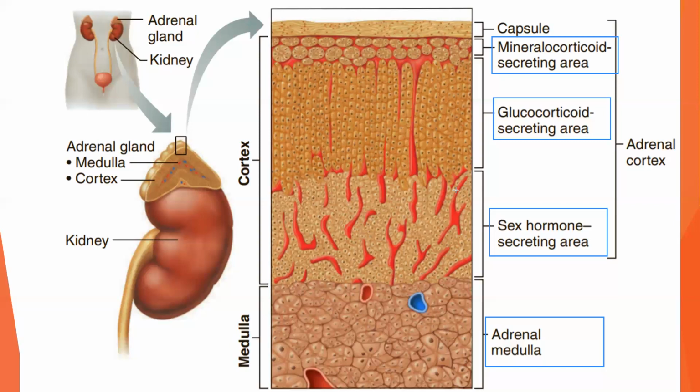What is the purpose of this epinephrine and norepinephrine? What is its function? What is its major action? Can we hear from the group? Okay, so you probably heard this before.